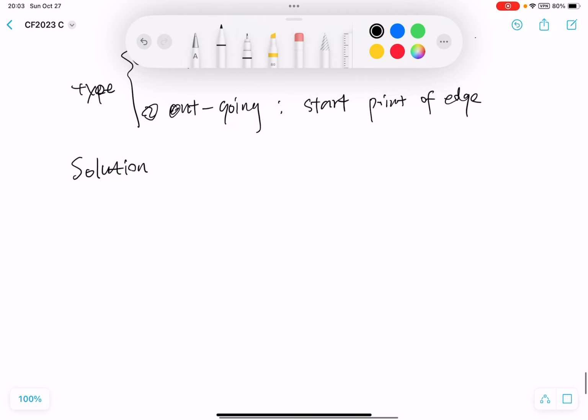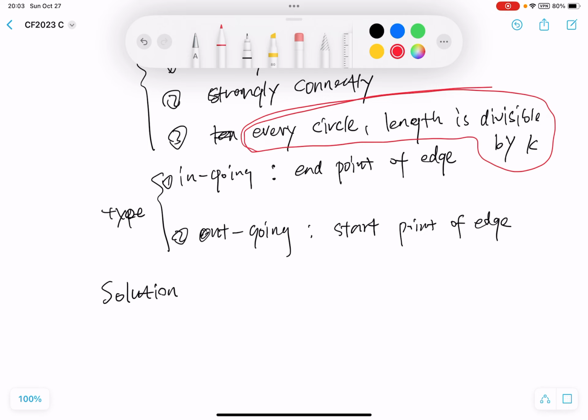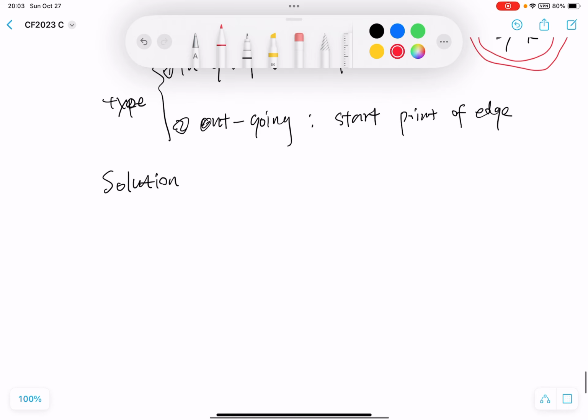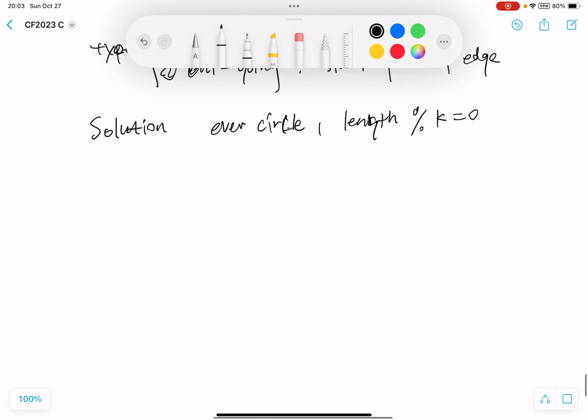For this part, the most important thing is to have a deep understanding of the information the problem provides. That means we need a deeper understanding of the third piece of information: every cycle length is divisible by k, that means the length modulus k equals 0.